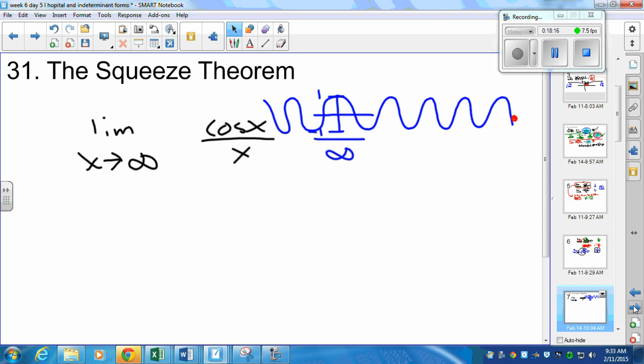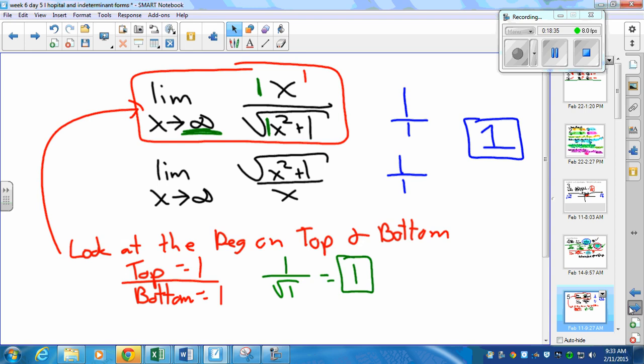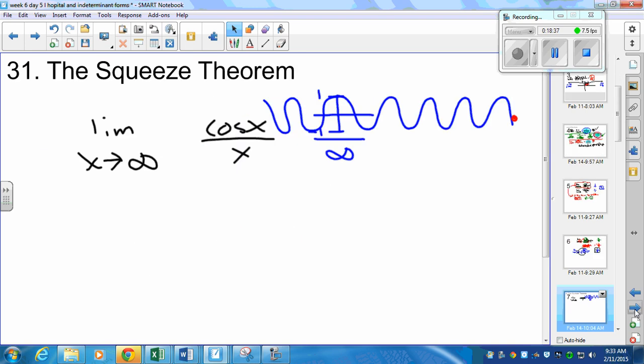Look at the 6 original forms again. I definitely have the divide by infinity, which is number 2. So I'm hoping the top is infinity as well, but cosine of infinity is not infinity. It doesn't blow up. It bounces between 1 and negative 1. So what you could say is this.